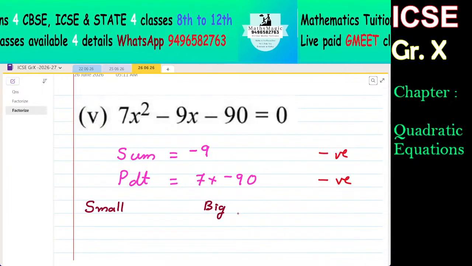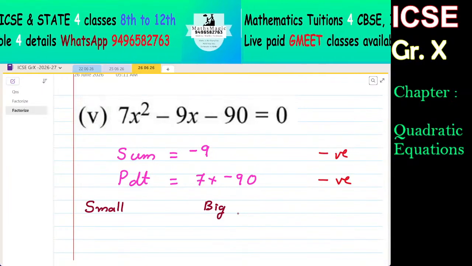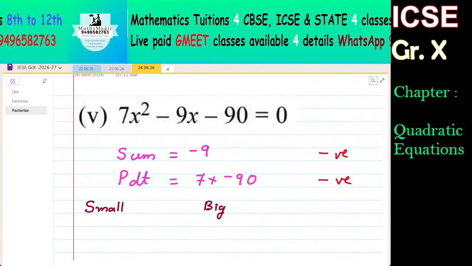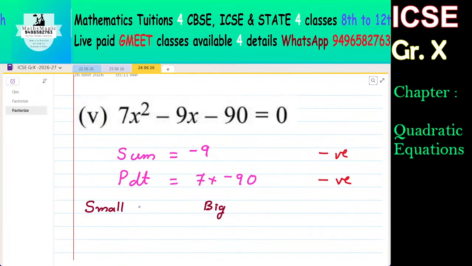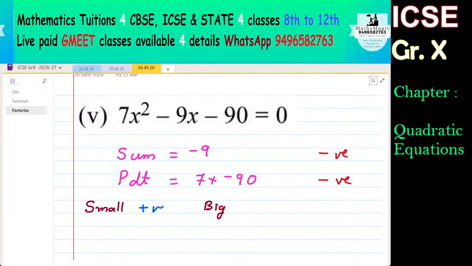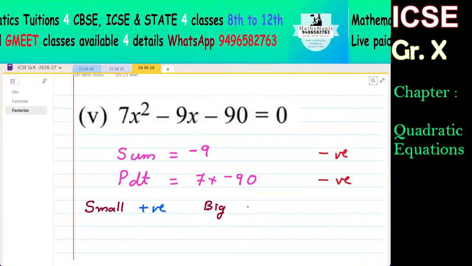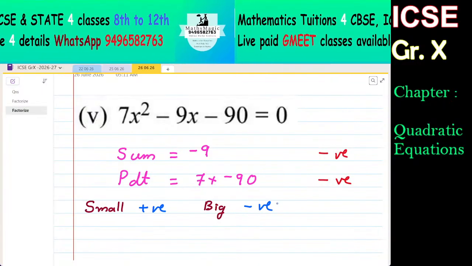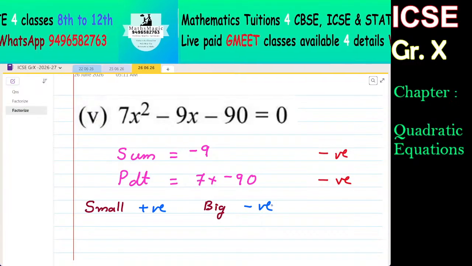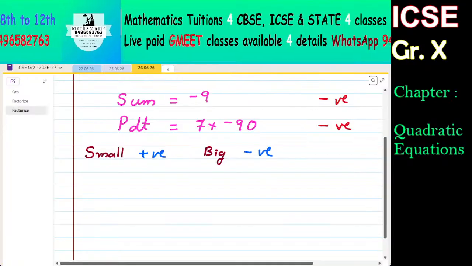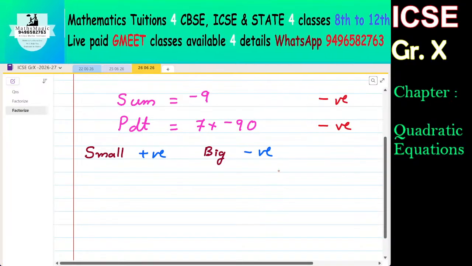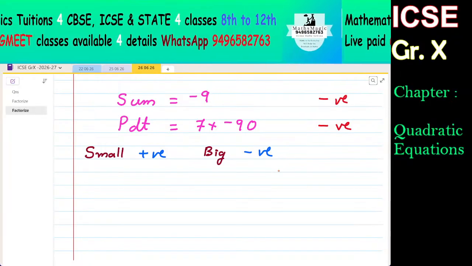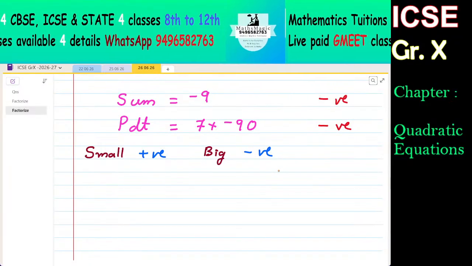And if the sum is negative, the small one will have to be positive and the big one has to be negative. Now, we don't need to actually multiply it as 7 into 90, 630, no need.